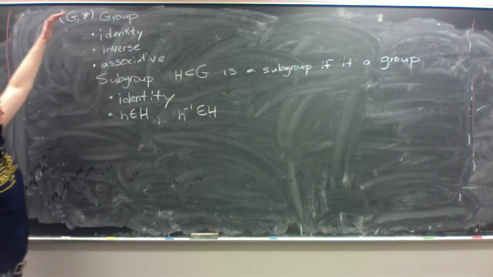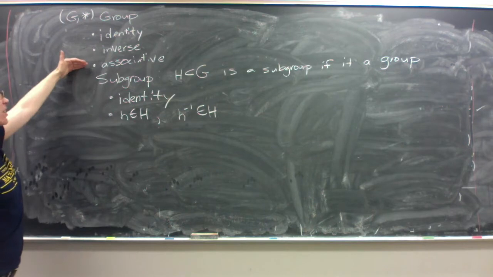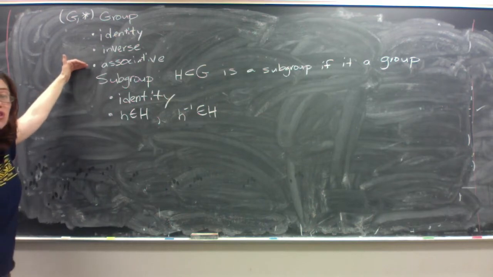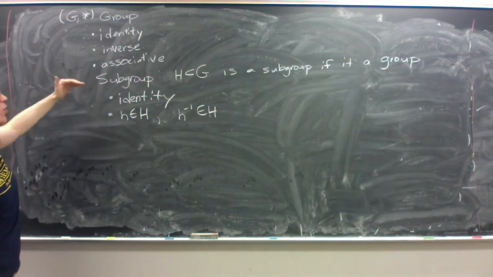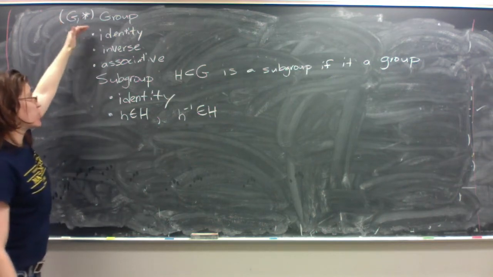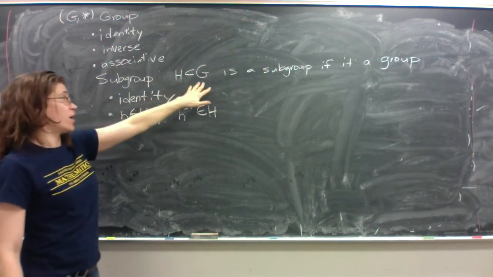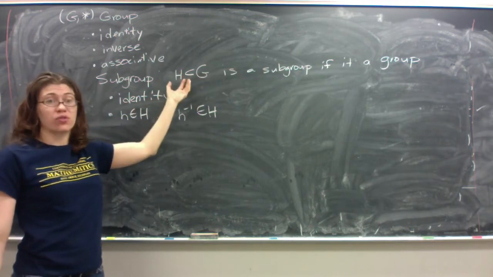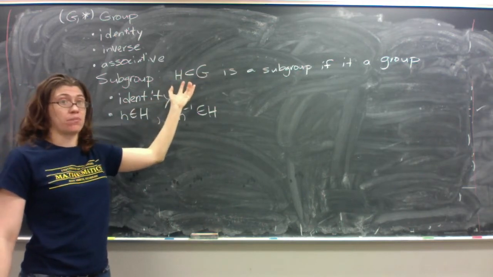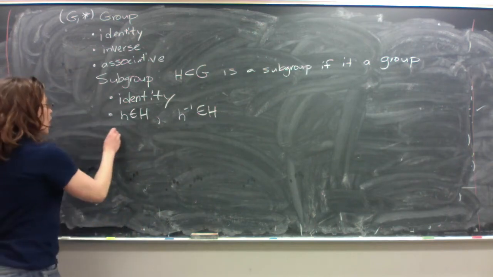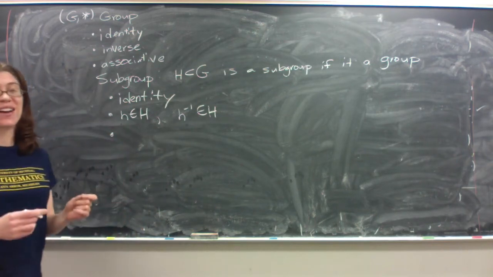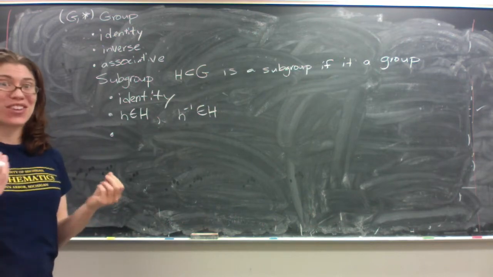And then to check that something's a group, I need to check that my operation is associative. However, it will come to me for free that if my operation is associative on G, it's associative on any subset of G. So I don't need to check associativity for subgroups. But in exchange, what I do need to check is that my operation is actually an operation.